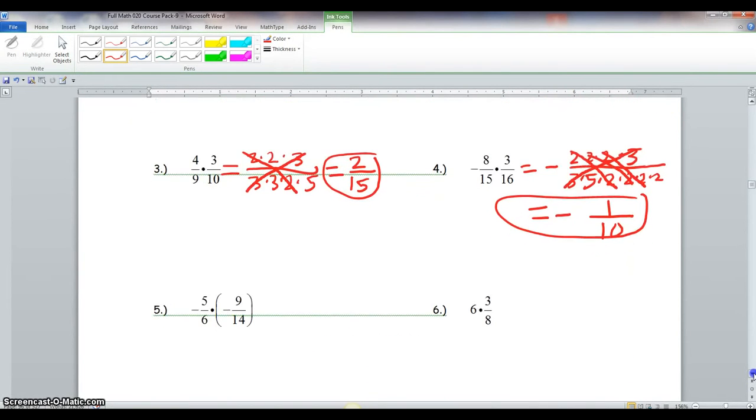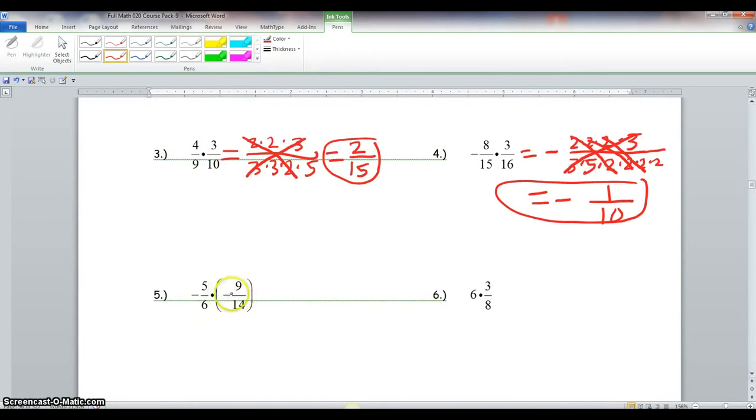Now, with our next problem, we have a negative times a negative, so we know our final answer is positive. Again, with problem number 5, our answer is going to be positive. So what we need to do here is the prime factorization of 5, which is 5, and the prime factorization of 9, which is 3 times 3.